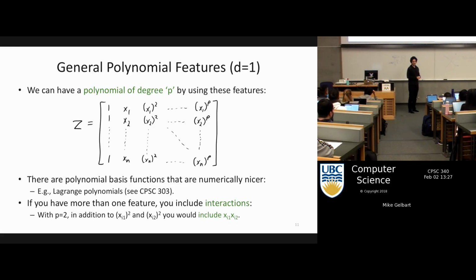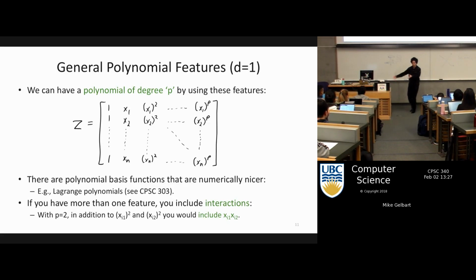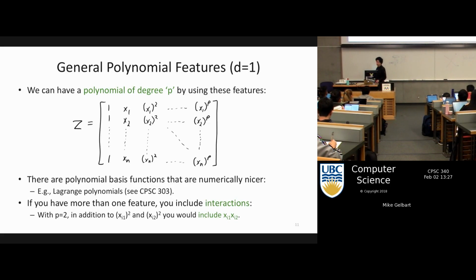So what if you have more than one feature to start with, which is a very reasonable thing to happen? Then there's a whole bunch of terms we might need to worry about, like not just first feature squared and second feature squared, but also the interactions like first feature multiplied by second feature. And you can imagine getting a lot of features when you do this. And we'll talk next week about how to deal with that.